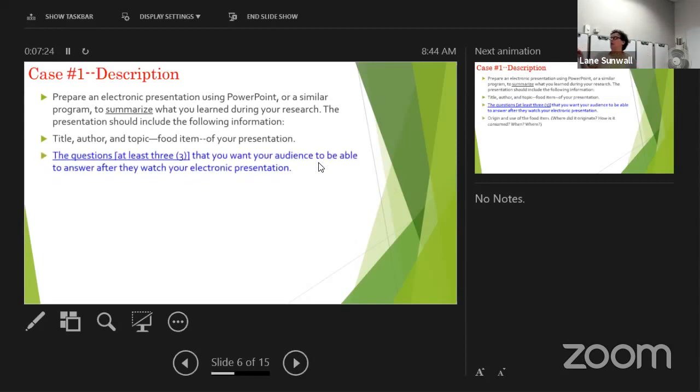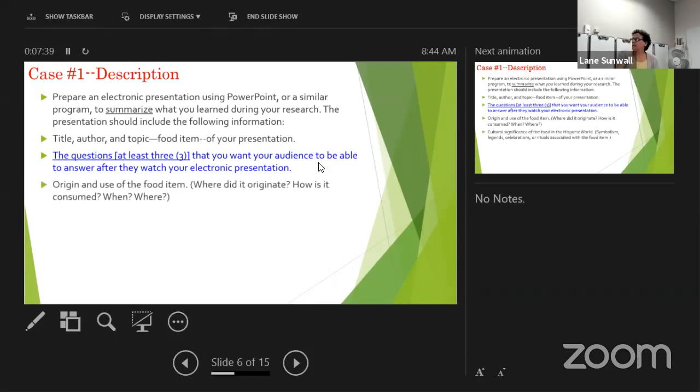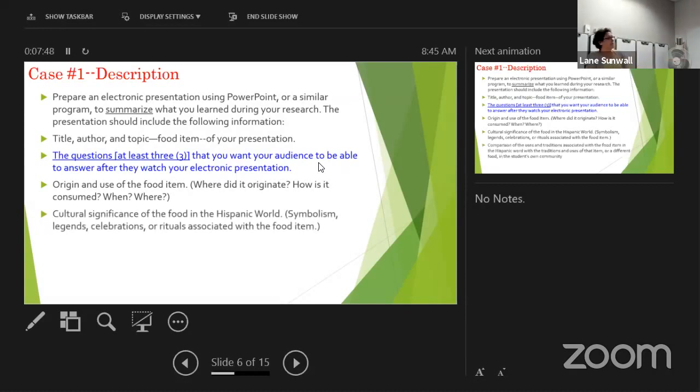They had to include, and this was part of their research, that they had to think of 3 questions, at least, that they wanted the people who watched the presentation to be able to answer. So it had to be part of that electronic presentation. They had to mention the origin and how it is consumed and when and by whom. The cultural significance of the food.